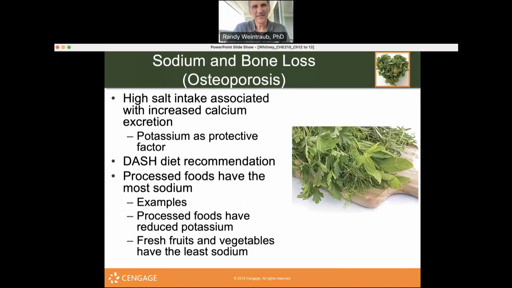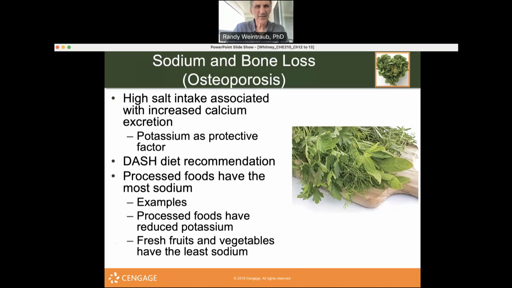In addition to hypertension, high salt intake is associated with increased excretion of calcium. Potassium, on the other hand, is a protective factor, which makes potassium a very important nutrient.